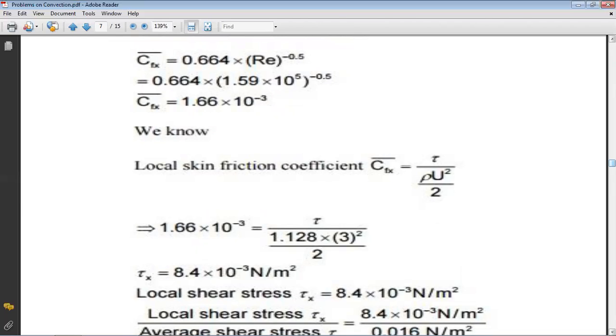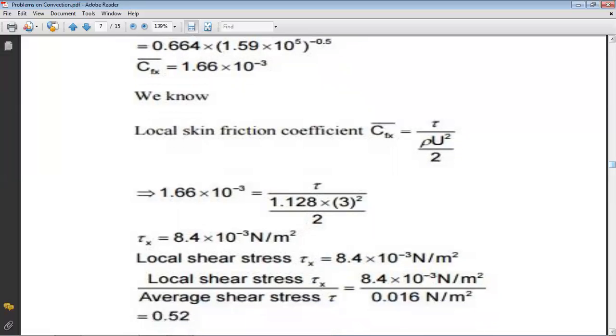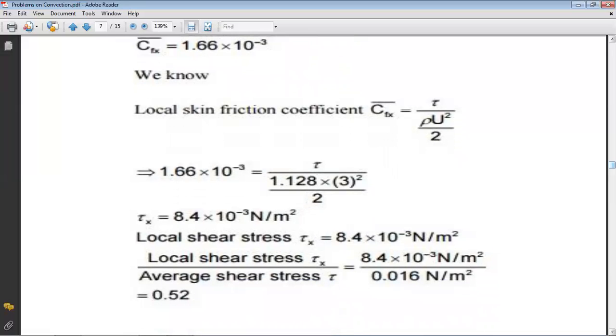Now if you substitute the value of Cfx as 1.66 into 10 raised to minus 3, the value of density as 1.128, and velocity to be 3, we'll have the local shear stress as 8.4 into 10 raised to minus 3 Newton per meter square, or 8.4 into 10 raised to minus 3 Pascal. Now in the question, we need to compare the local shear stress with the average shear stress.